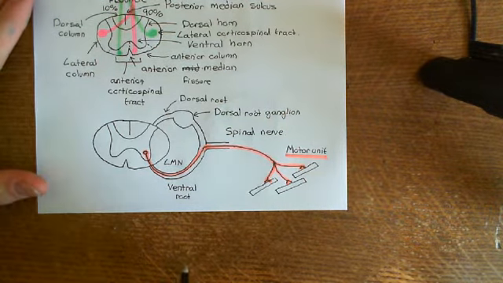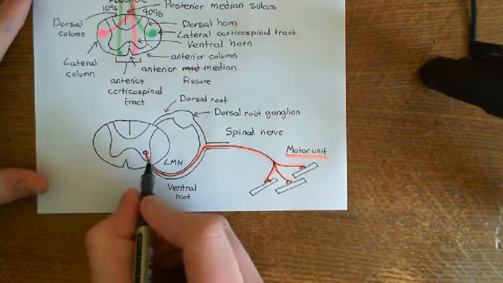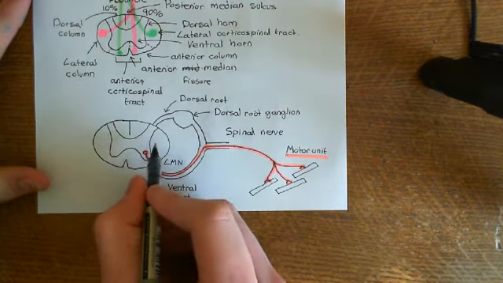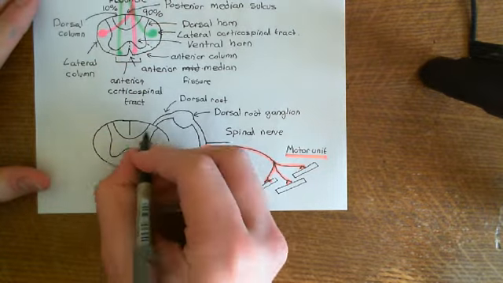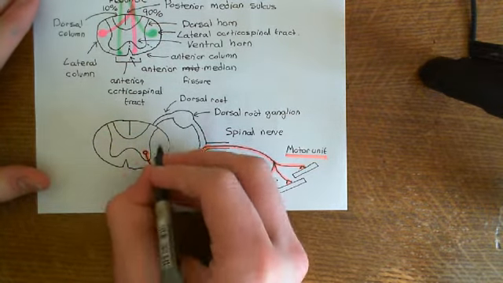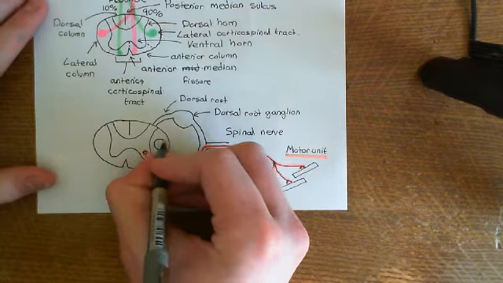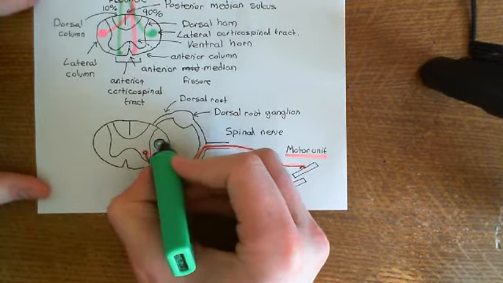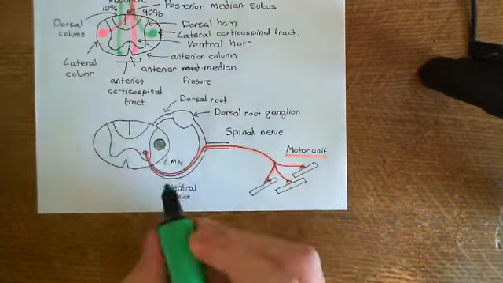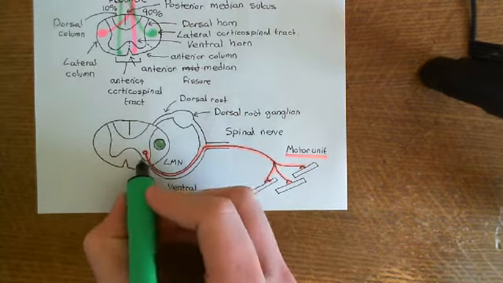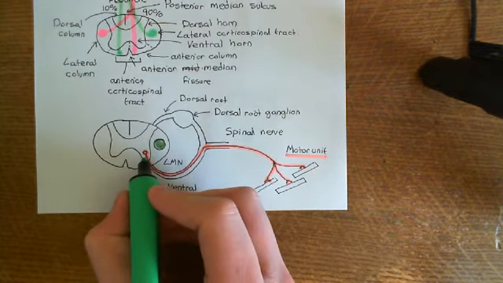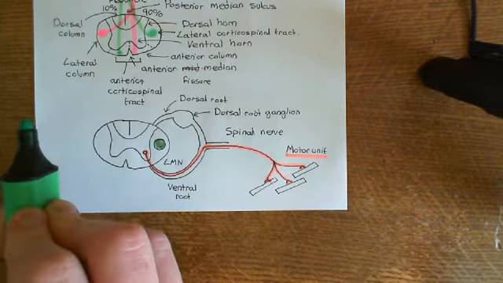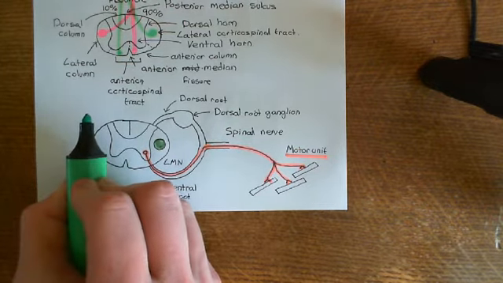Either this lower motor neuron can be innervated by fibers that have come from the ipsilateral lateral corticospinal tract. In this case we're looking at the left side of the spinal cord, so it would be the left lateral corticospinal tract here, or they can come from the contralateral anterior corticospinal tract, because remember this is a left side lower motor neuron, so its upper motor neuron has to have come from the right primary motor cortex.